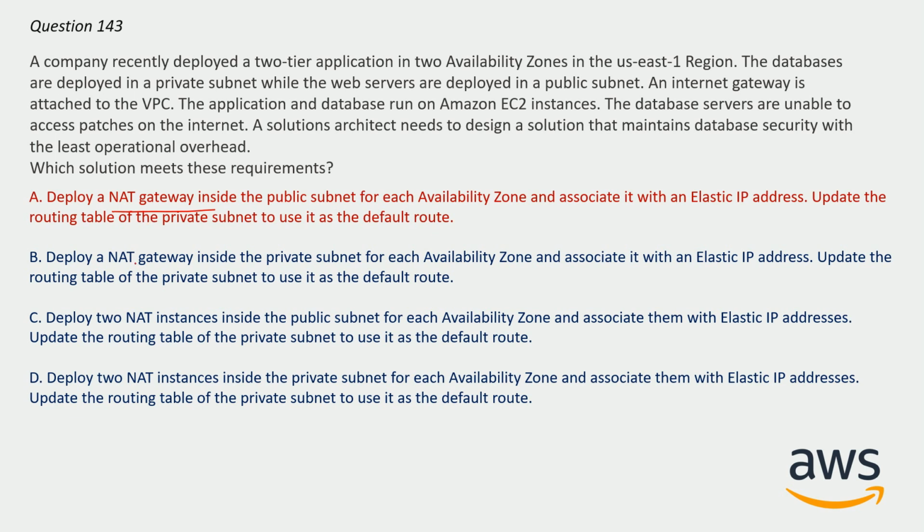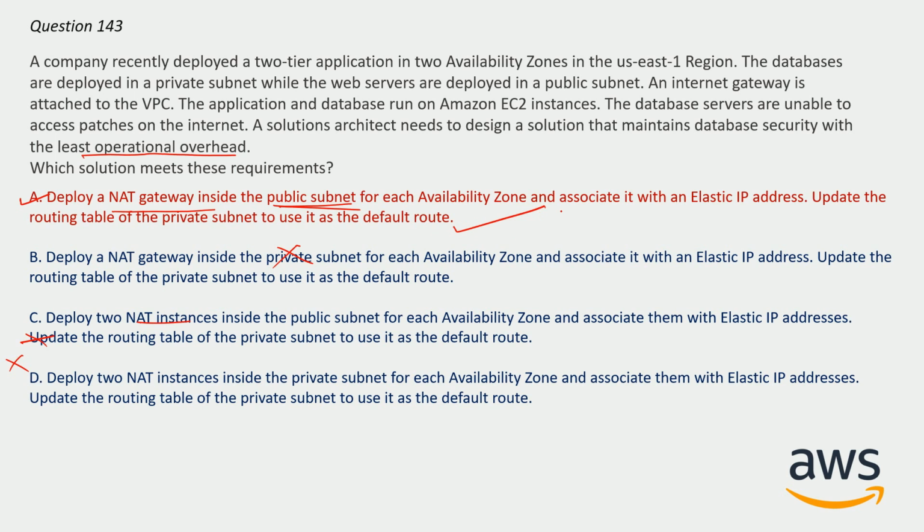However, all the options with NAT gateway and NAT instances are correct, but the keyword here in the question is incurring the least operational overhead. And due to this, option C and option D are out because NAT instances require EC2 which will incur cost, and therefore option A is best because it should be in the public subnet, not in the private subnet. So option A is correct here.